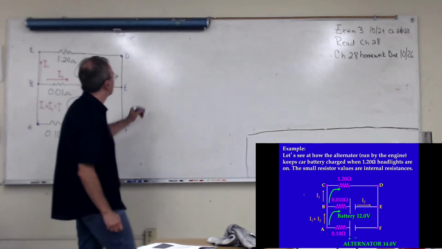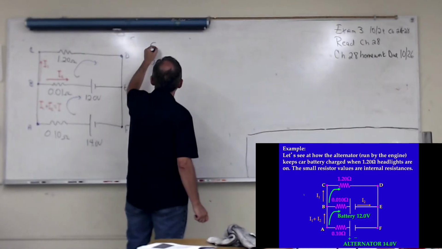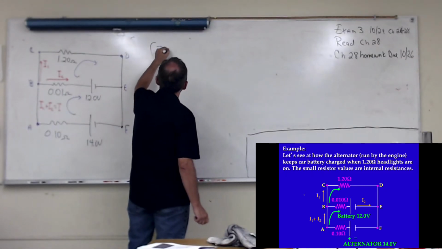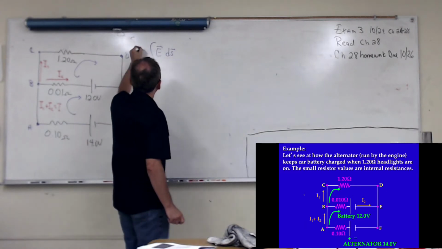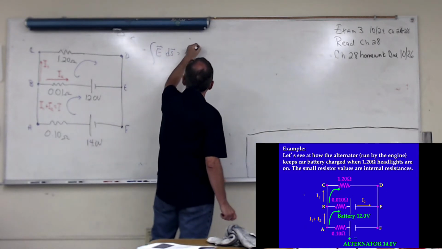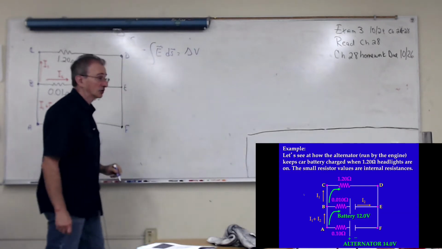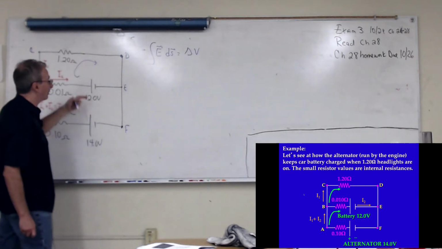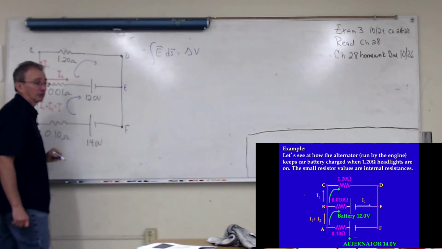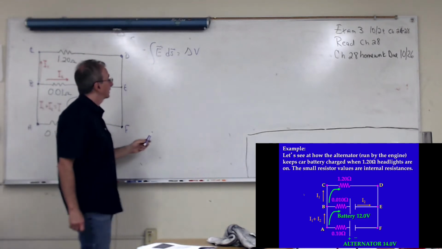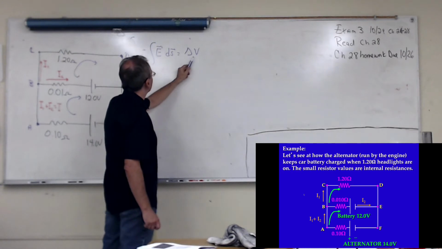What I'm trying to do is really calculate this. I'm integrating in the direction of the electric field right now. So if this integral is positive, delta V is negative.